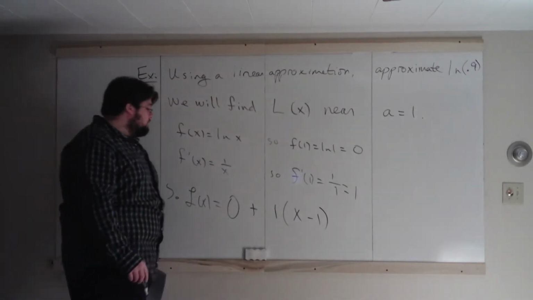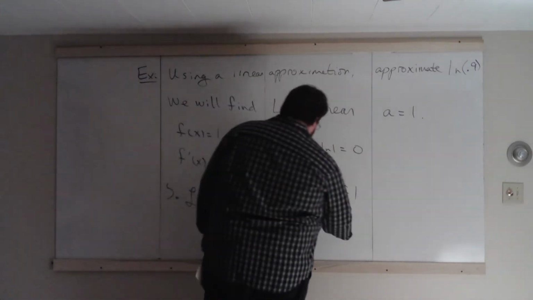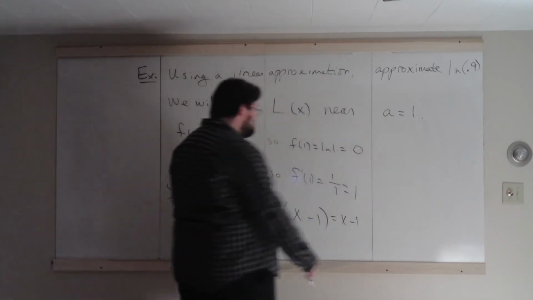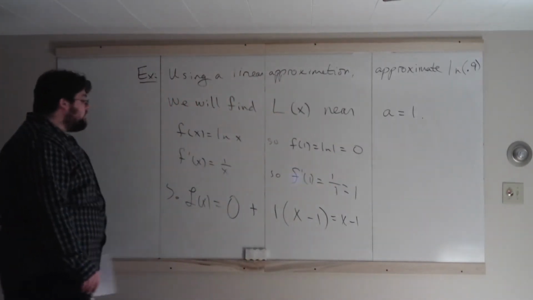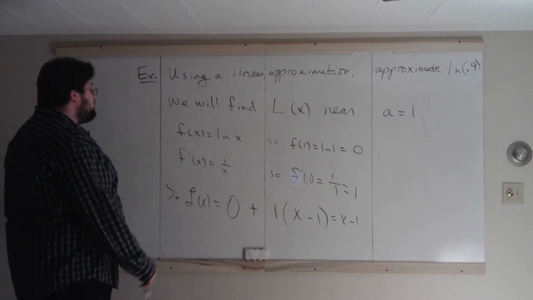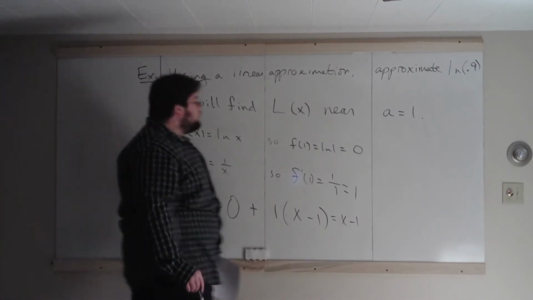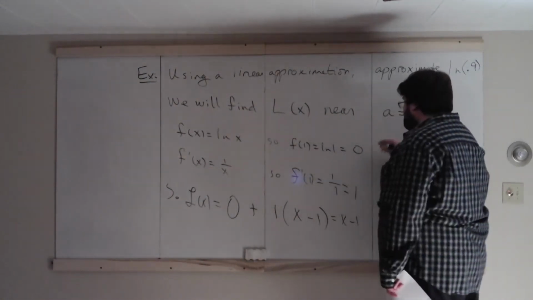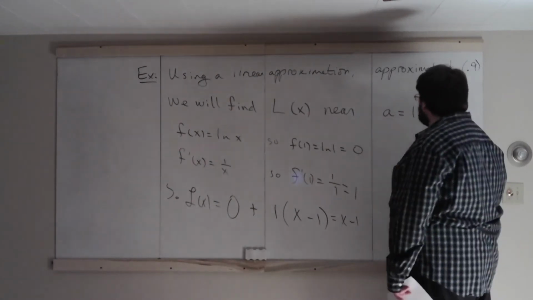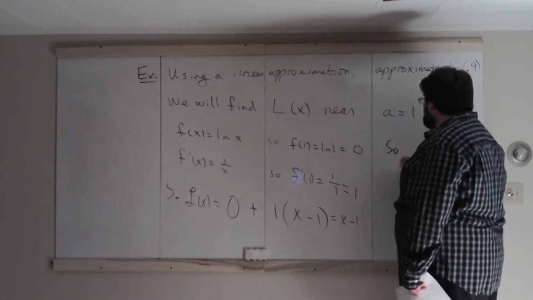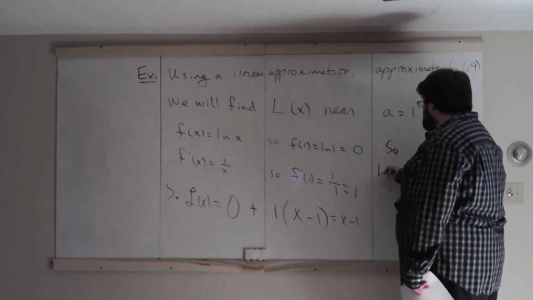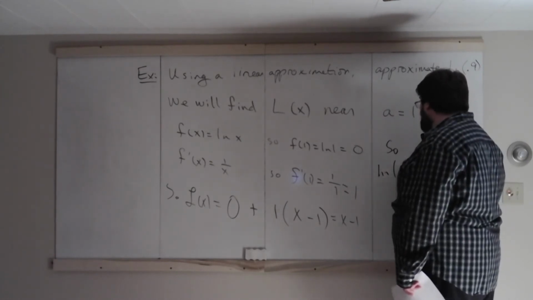Now this one does simplify nicely. It does just simplify to x minus 1. So here I am going to use the simplified form just because that was easy enough to simplify with the 0 and the 1. Well, we found the linear approximation. Now we need to approximate log of 0.9.